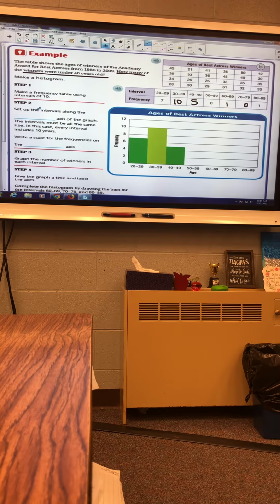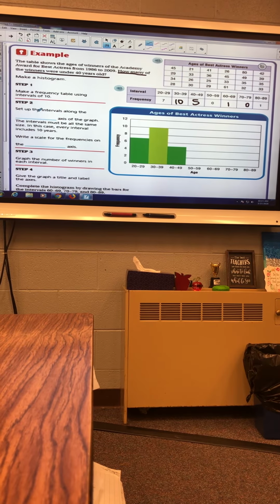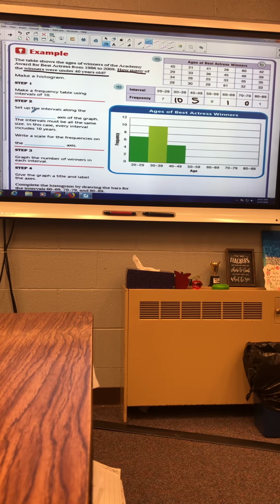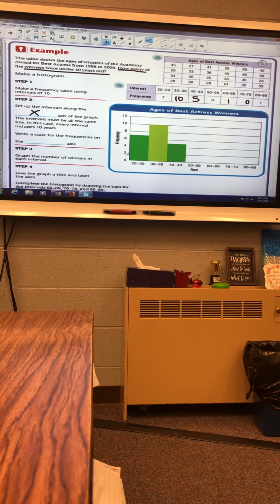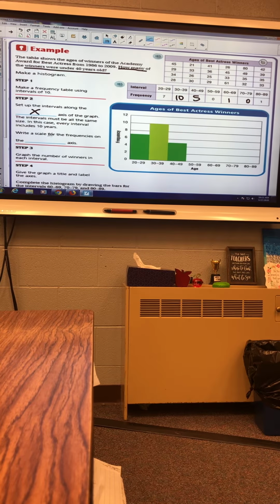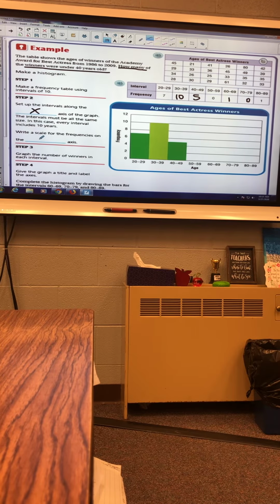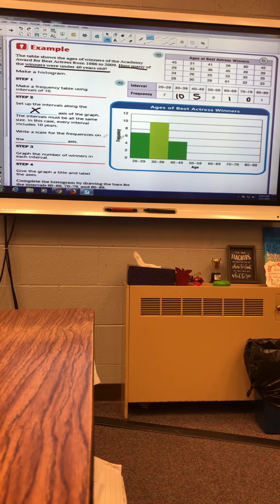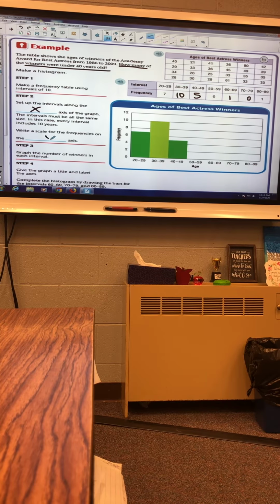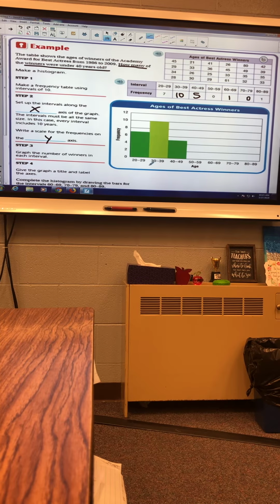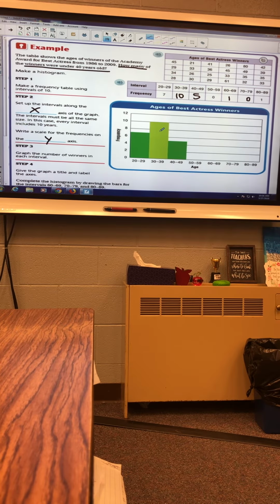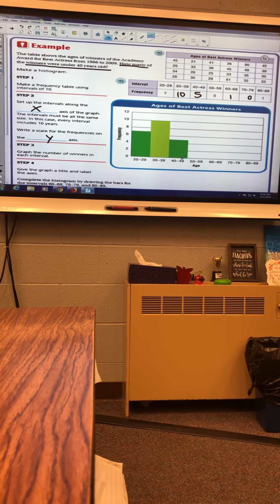Then we're going to set up intervals along the x-axis, and my frequency will be along the y-axis. We have bars for 20 to 29, 30 to 39, and 40 to 49.